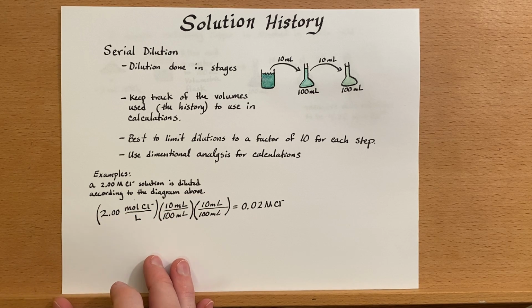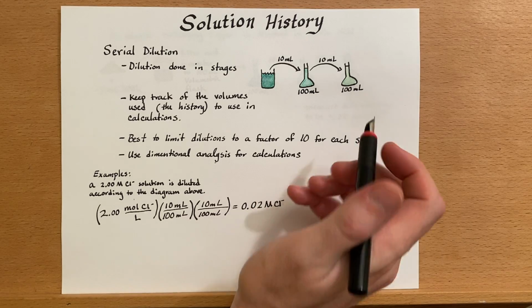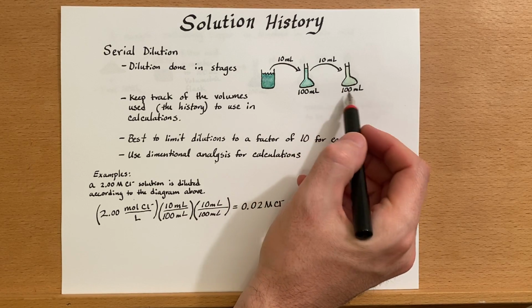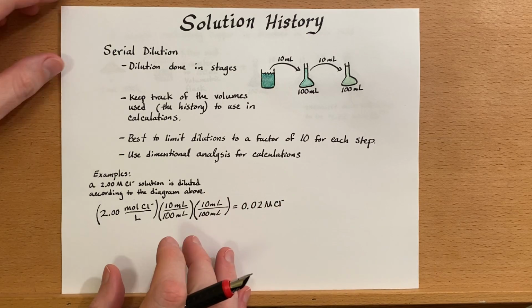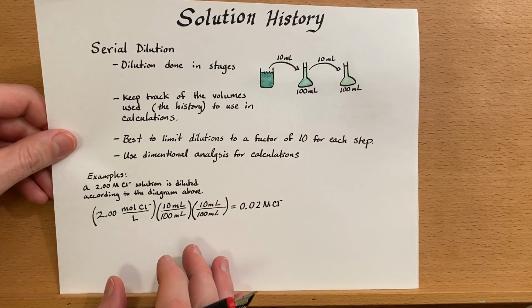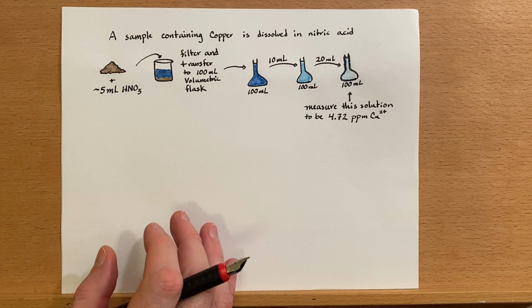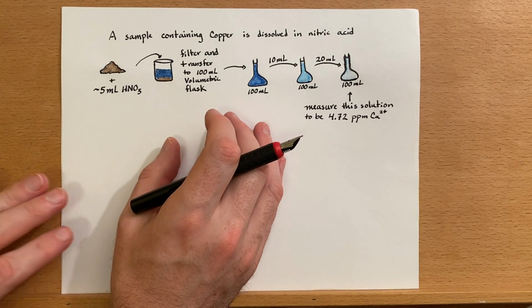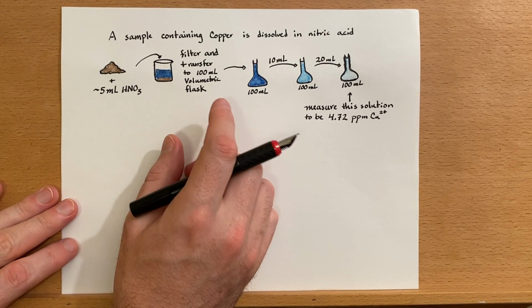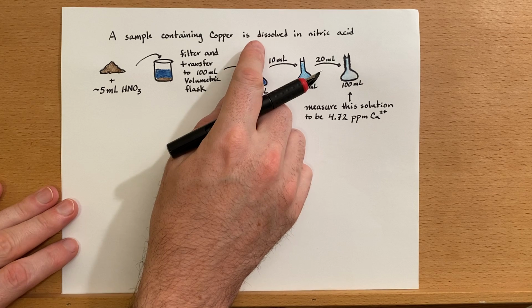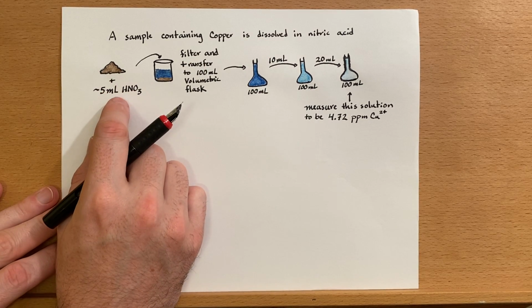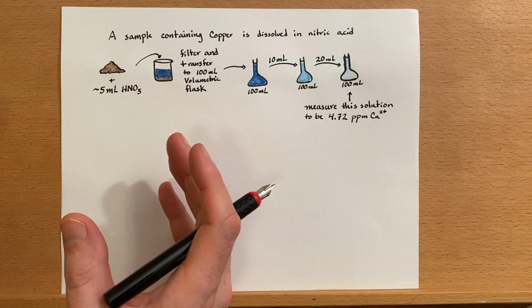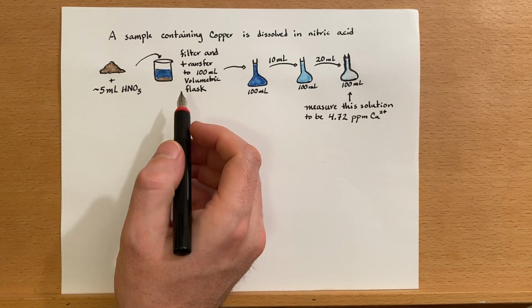Now, I mentioned that you can also determine the concentration of a solution over here and go back. So let's look at an example where that is the case. Let's say I have a sample that has copper, and we add nitric acid to dissolve the copper.